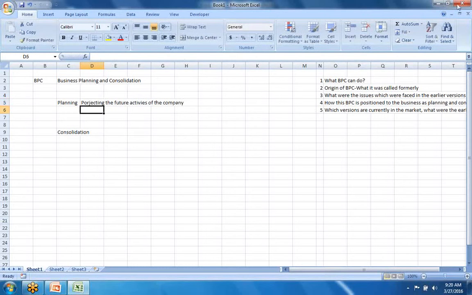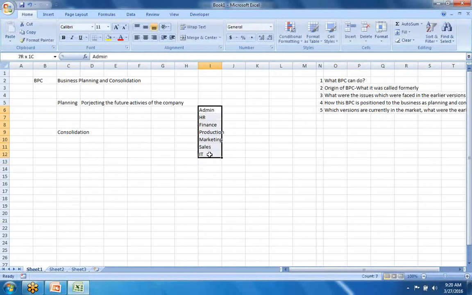If you take the example of a typical manufacturing industry, you have different departments functioning for a common goal enterprise-wide: the admin department, HR department, finance department, production department, marketing, sales, and IT department.